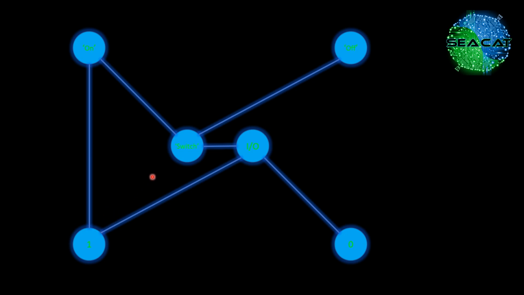Interestingly, it would also make a connection here, because it would basically say, I got switch on at the same time that I saw this and this. So it would just connect everything. It would have connections here, connections here, connections here, connections here. They would be very weak initially, but over time they would build up. And then you could say switch off and do the same thing here. And it would grow to realize that these were linked.